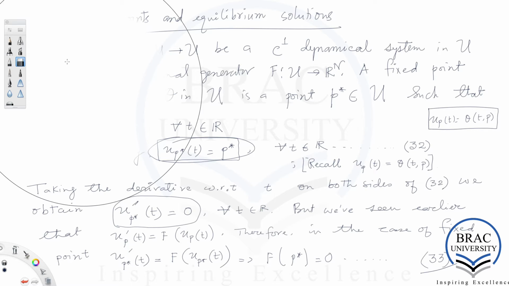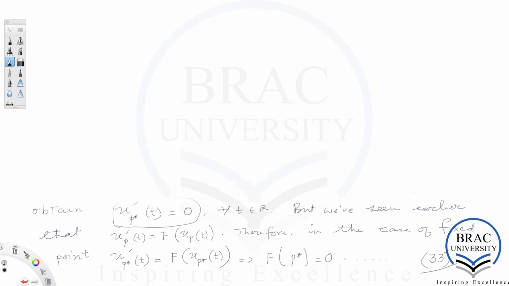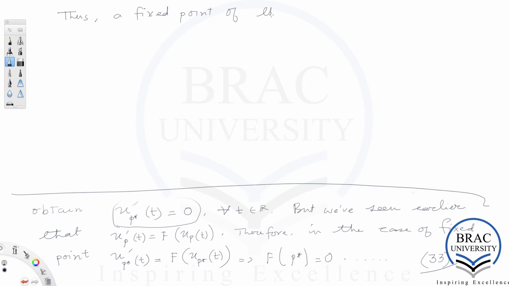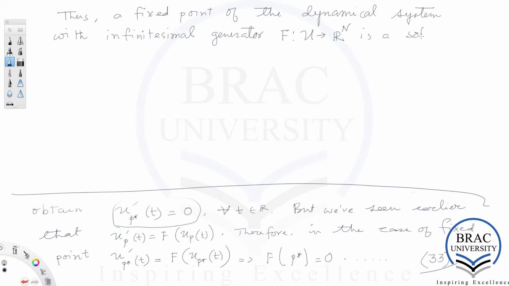Okay, so we thus see that a fixed point of the dynamical system with infinitesimal generator f from U to R to the n is a solution to the equation f of p is equal to 0.